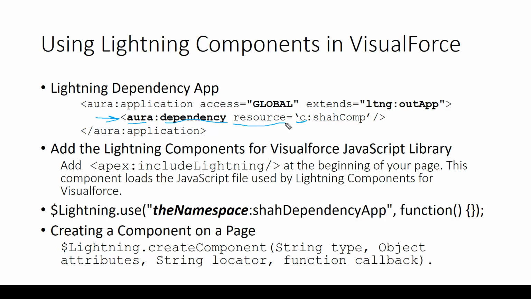Using the resource attribute, you are defining one component, meaning you can use this in a Visualforce page. In the Visualforce page we are using Lightning Out, meaning we are going out of our Lightning component framework to the Visualforce framework. Well, this is the number one thing I need to do.